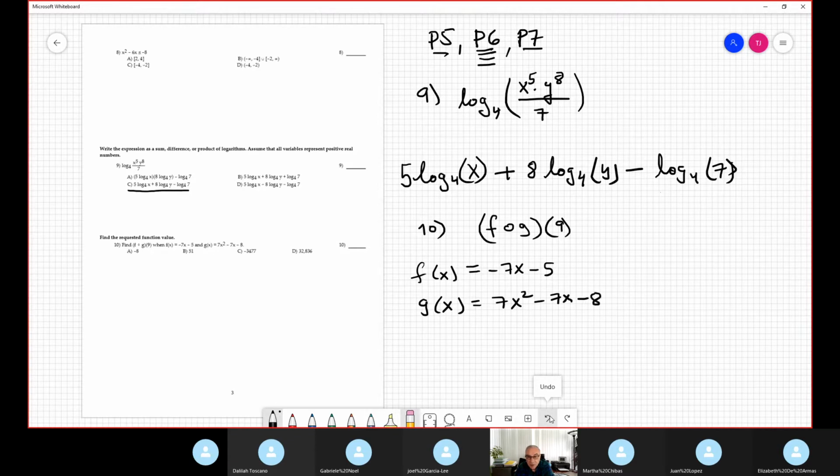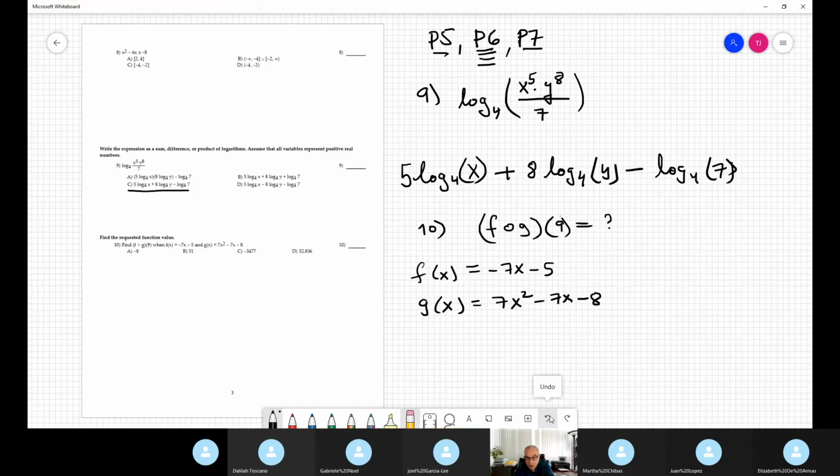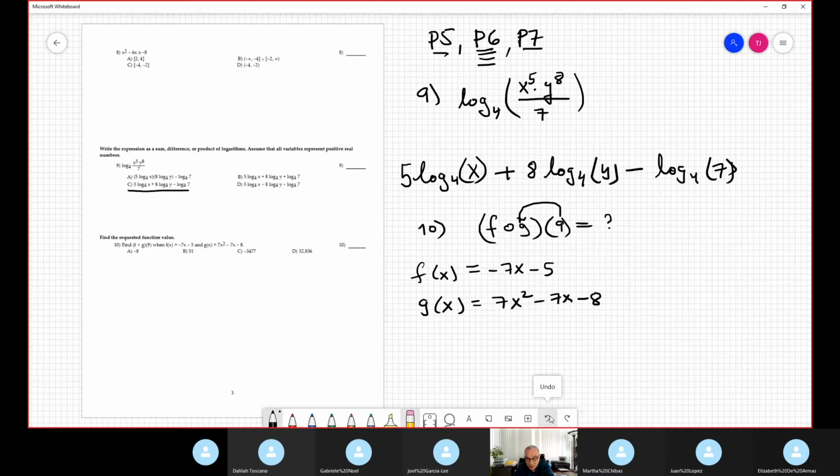Okay. And you need to compute that. This is the goal. So you plug in 9 into the first function, which is g. The order is super important. So you evaluate g at 9: 7 times 9 squared minus 7 times 9 minus 8.